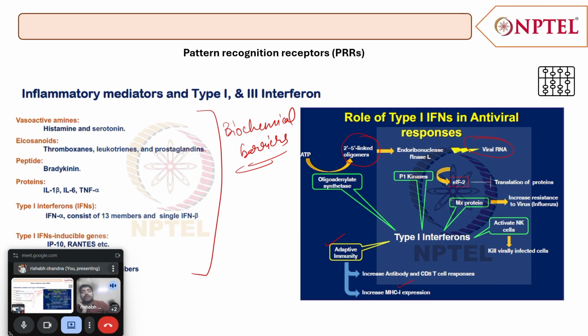We have another one, PKR kinase. It phosphorylates eIF2, so it inhibits the translation of the proteins of the virus. Then we have MX proteins that increase the resistance to virus, particularly influenza. And then type 1 interferon activates NK cells that kill the virus infected cells. So this is how type 1 interferons function in different contexts in the body.